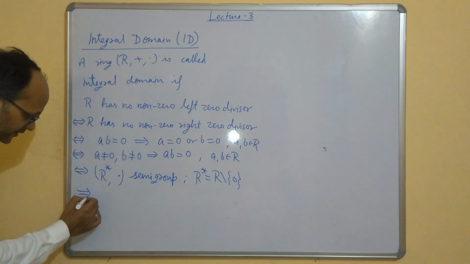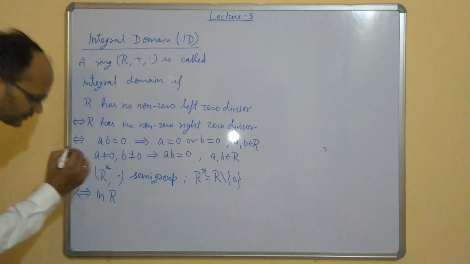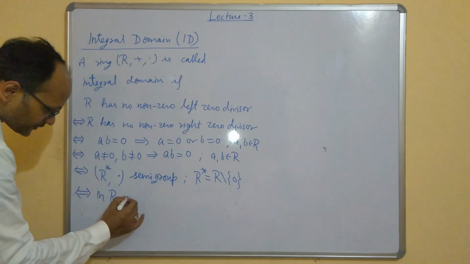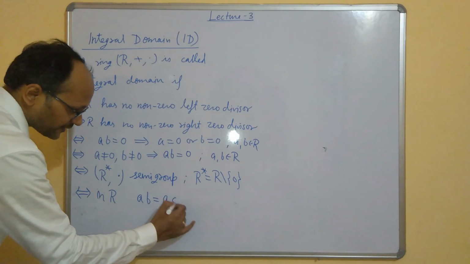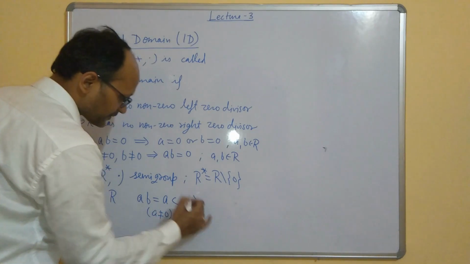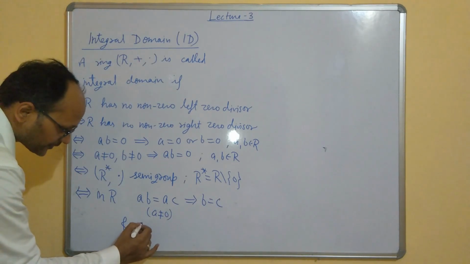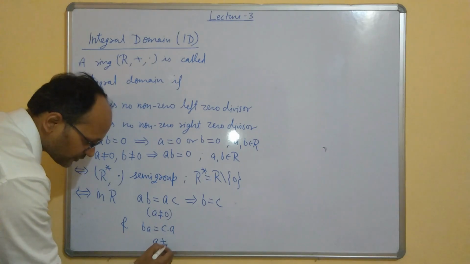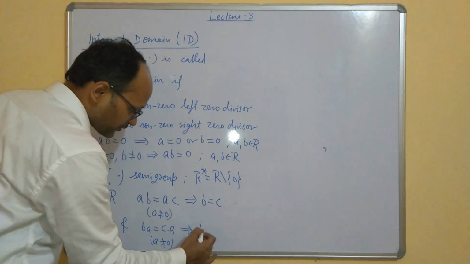This is equivalent to saying that in R, AB is equal to AC, where A is not equal to 0, implies B is equal to C, and BA is equal to CA, where again A is not equal to 0, implies B is equal to C.